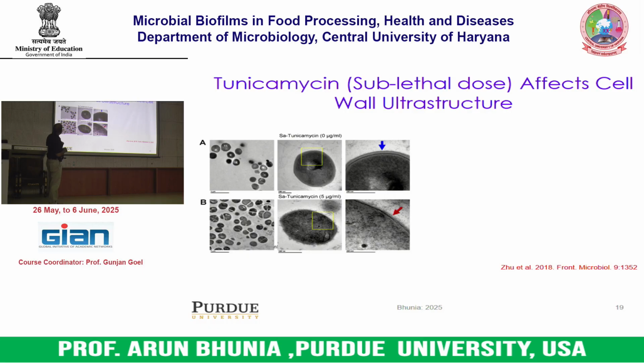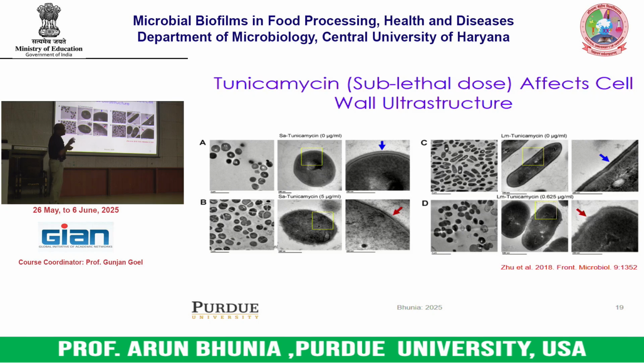As soon as you add a low concentration of tunicamycin, 5 micrograms, which we consider sublethal, you can clearly see the cell wall structure started to disrupt, right? You can see the peptidoglycan structure is very thin, and that looks totally different, right? So it's working at a partial level. So structurally it begins to affect.